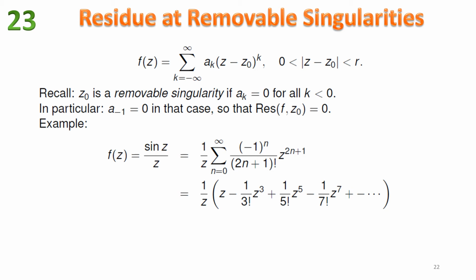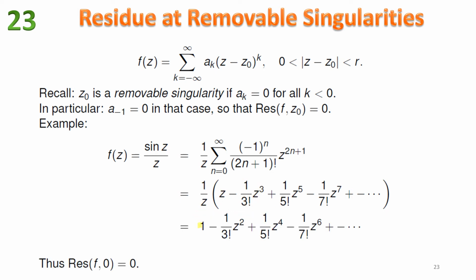This can be expressed in series form as z inside the bracket, z minus 1 by 3 factorial z to the power 3 plus 1 by 5 factorial z to the power 5 minus 1 by 7 factorial z to the power 7, and so on. When we expand this bracket, we are left with 1 minus 1 by 3 factorial z to the power 2, and so on. So here there is no term associated with 1 upon z.